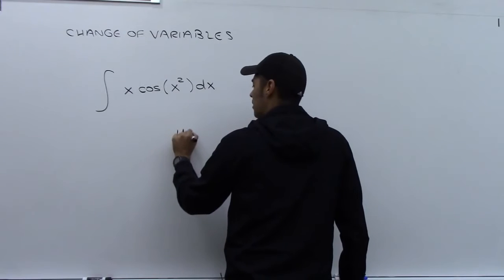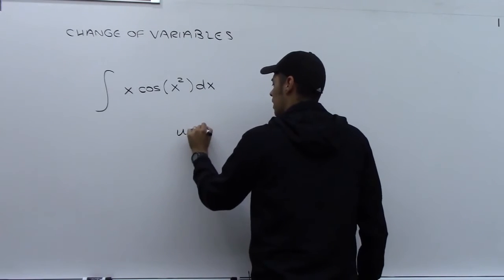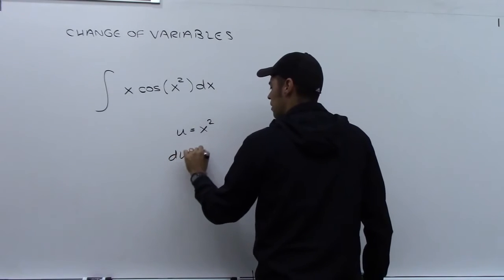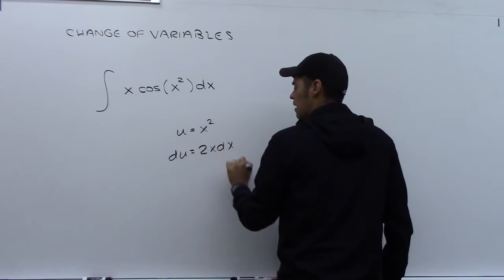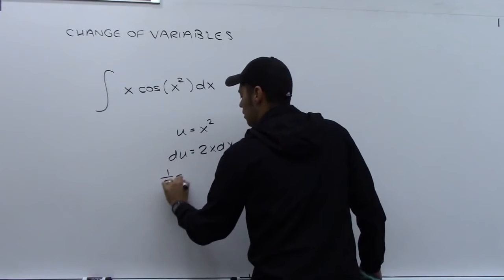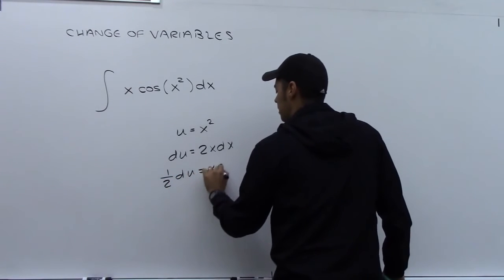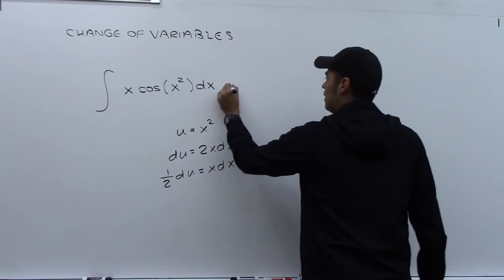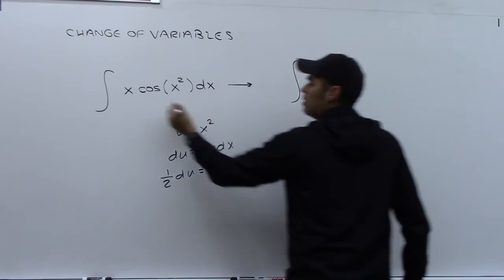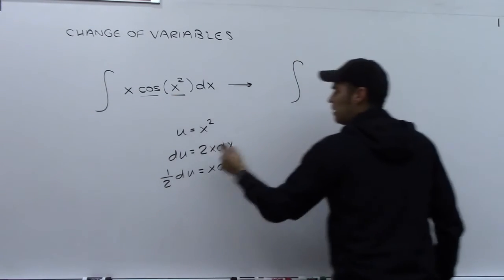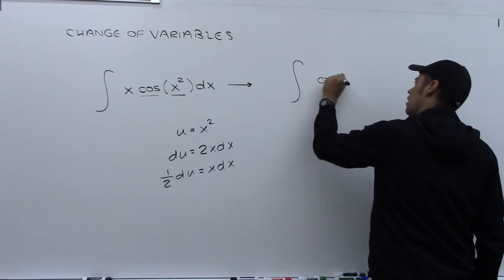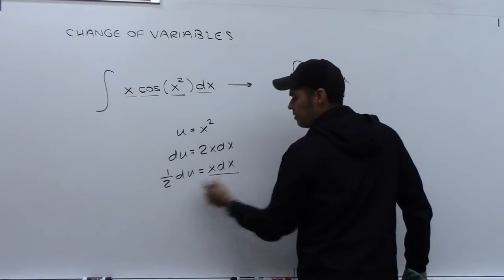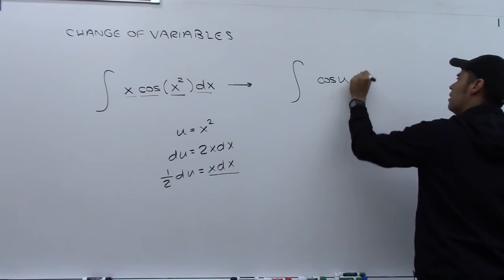So we make a substitution. U is x squared. We differentiate. Du is 2x dx. And then we could say half of du is x dx. So we would rewrite the integral. This cosine of x squared would become cosine of u. And then x dx, right here, turns into 1/2 du.